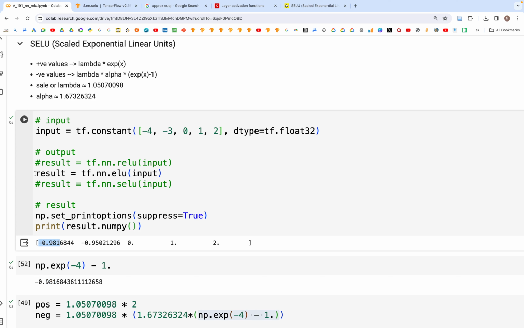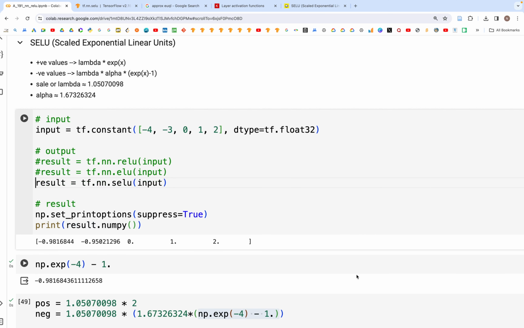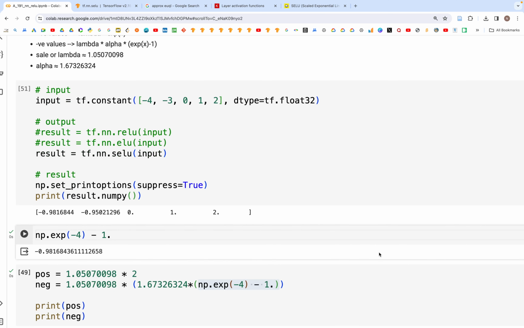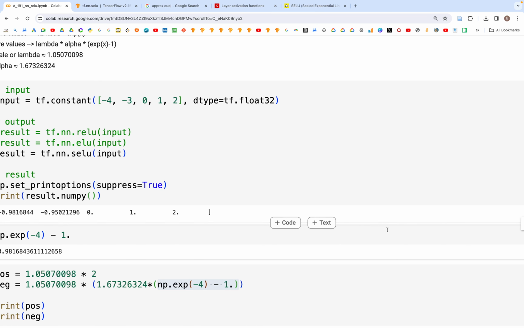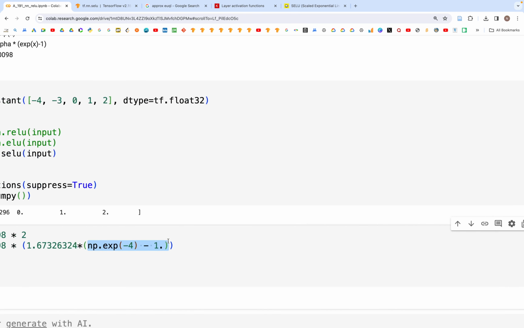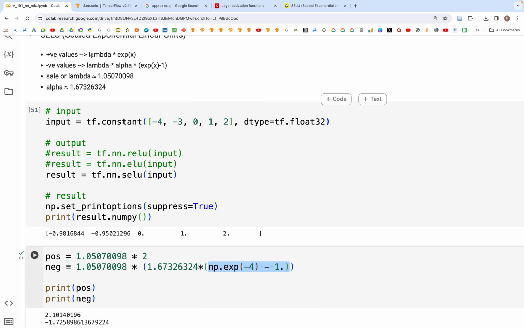Now for scaled exponential linear units, SELU, what we do is a similar thing, except we use two additional parameters there, that is, we do use the alpha and we also use a scaling parameter lambda. And here is the relation.